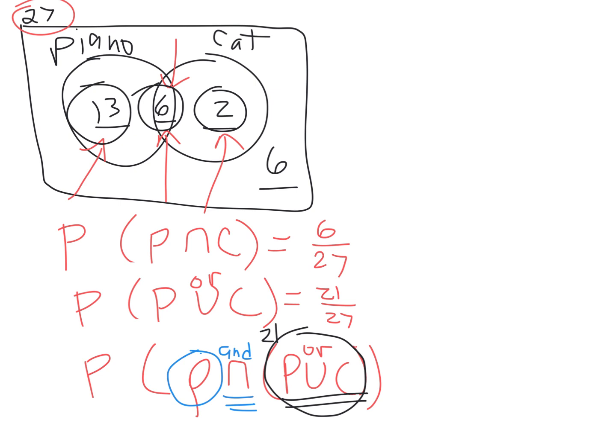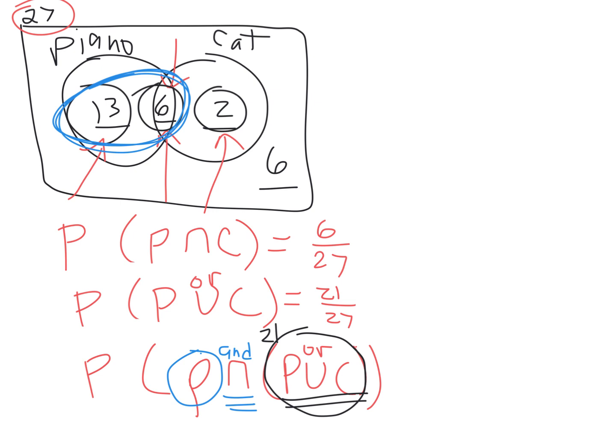Yeah. These are the piano. I know it's tempting to think 13's the piano, but the 13 and the 6, they both have a piano. And so we do that, and how many is that? 13 and 6, that's 19. All right, so that's 19.